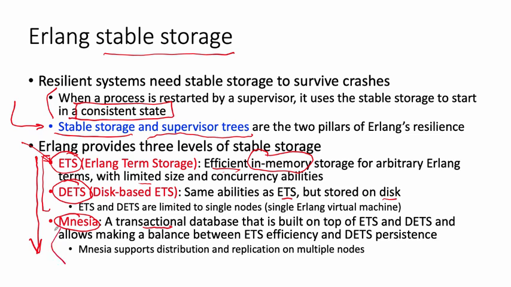This is much more expressive. This is called Mnesia. Mnesia is a full-fledged, SQL-like relational transactional database supporting distribution and replication on multiple nodes. For very complex applications where you have to store complicated information, you want to use Mnesia.